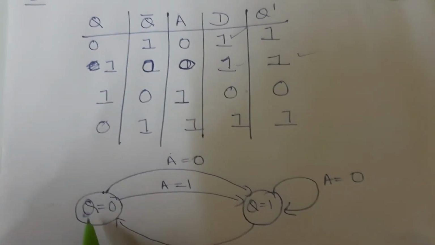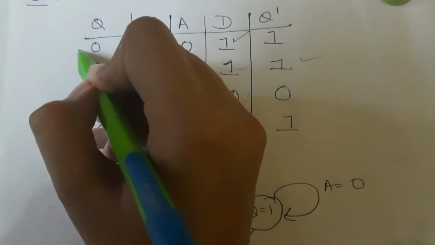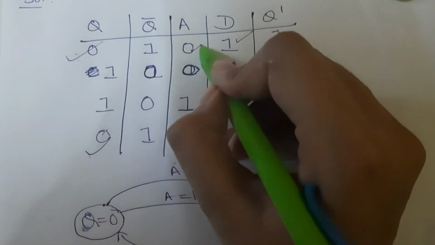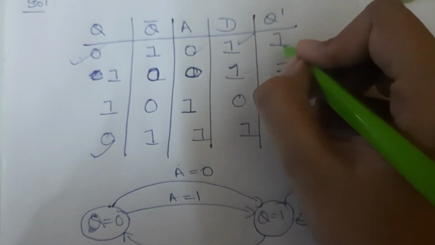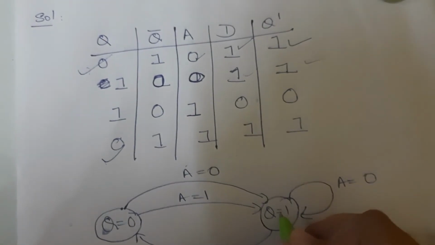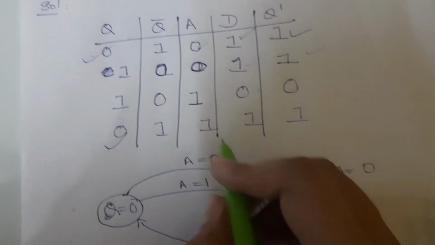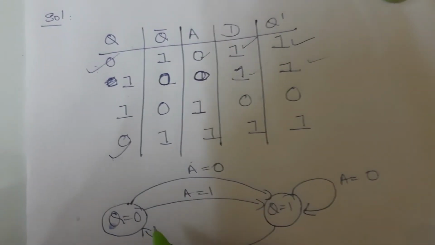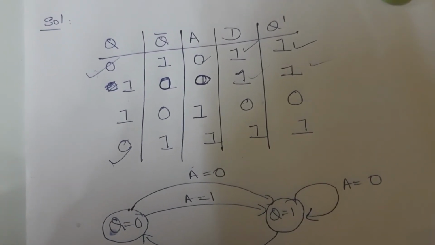Now see, let's take the cases of Q is 0, these two. If A is 0, the next value of Q is 1. So if A is 0, it will shift to Q equal to 1. And if A is 1, it will again shift to Q equal to 1. So this is how the transition is.